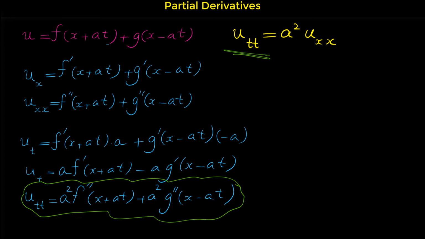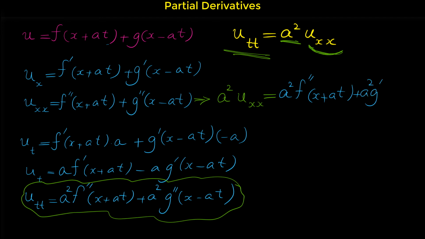And we want to prove that this expression equals a squared times u sub xx. If we multiply a squared in this expression, a squared times u sub xx, if we multiply a squared in this term and in this term, we have a squared f double prime x plus at plus a squared g double prime x minus at.